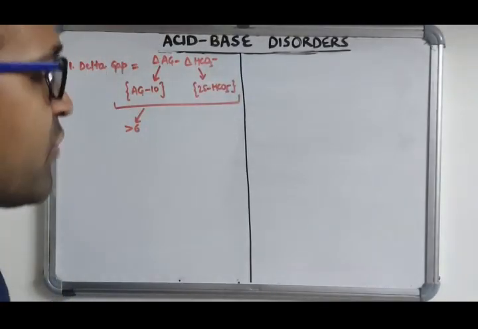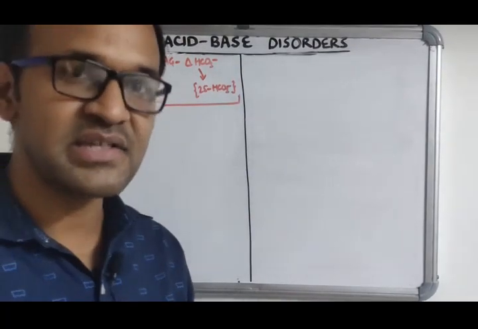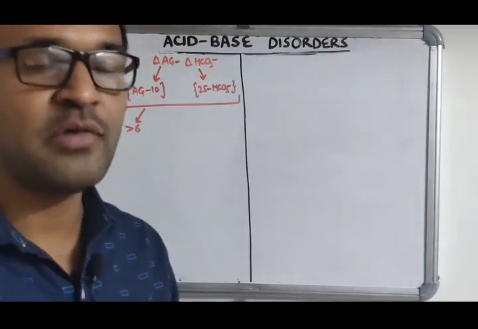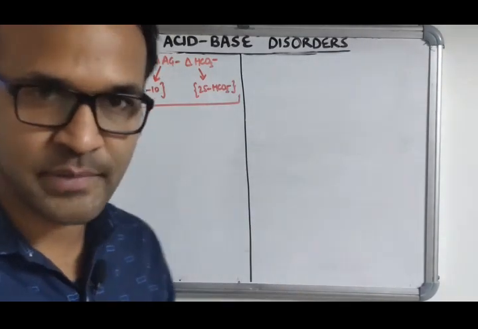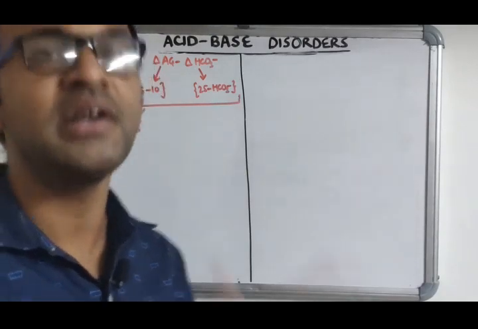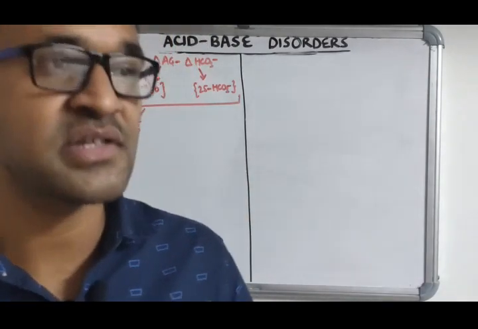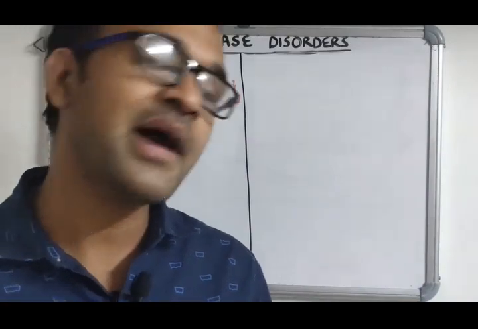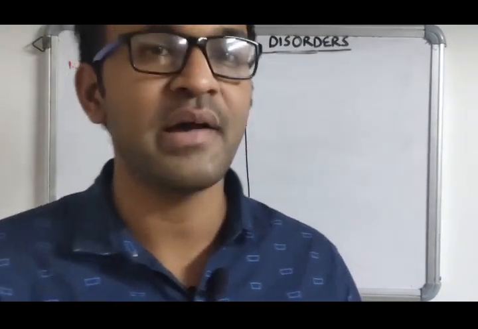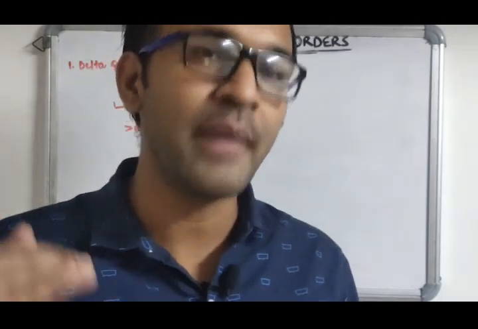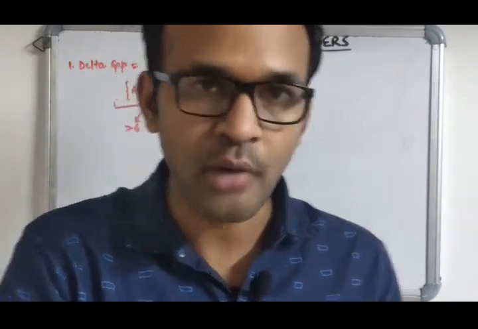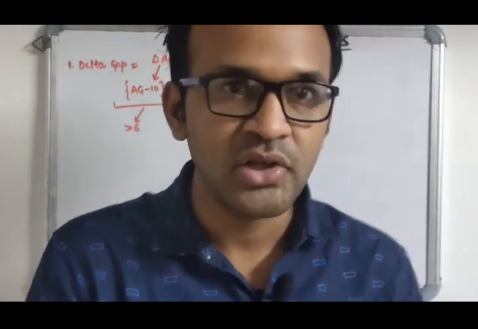Now when will it happen? It will happen when a patient has a pre-existing bicarbonate level more than normal. Say the normal value is 24 millimoles per liter, but a patient has a pre-existing 30 millimoles per liter, like a patient with pre-existing chronic respiratory acidosis. In chronic respiratory acidosis there is carbon dioxide retention, and bicarbonate is retained as a compensatory mechanism. To compensate for the rise in PCO2, bicarbonate is also retained. So the pre-existing bicarbonate level is more than normal, say 30.